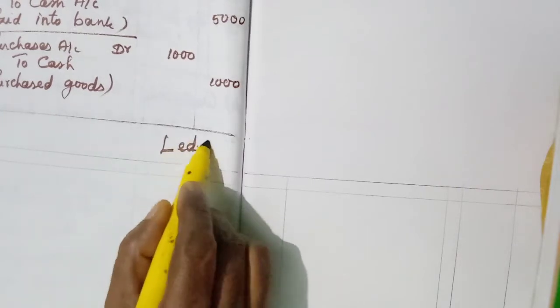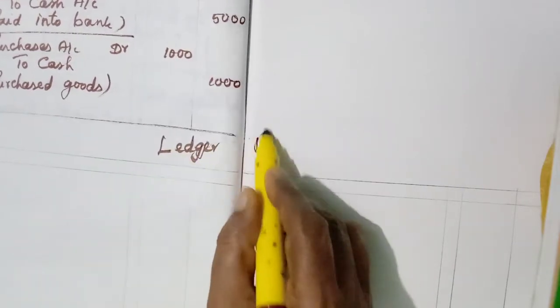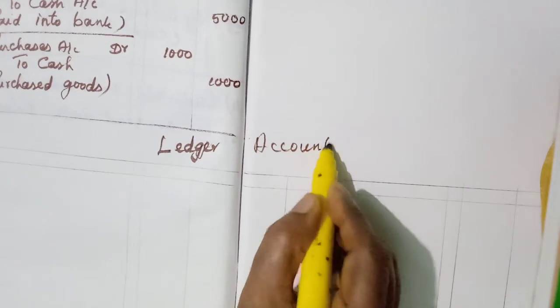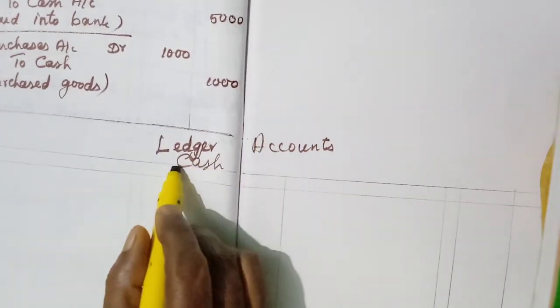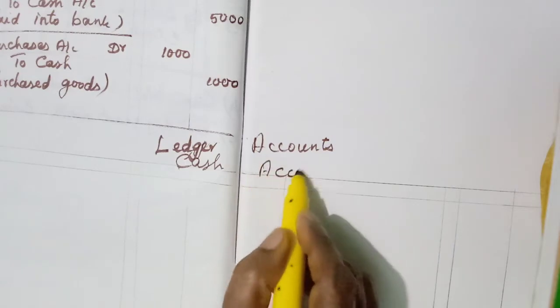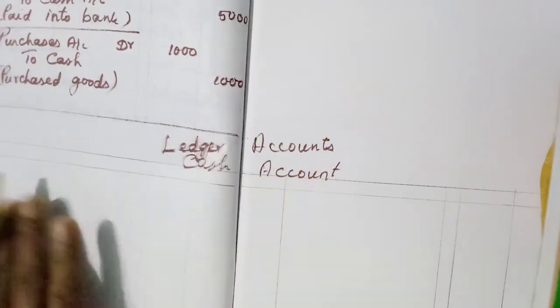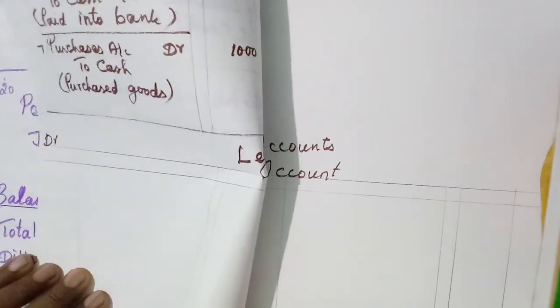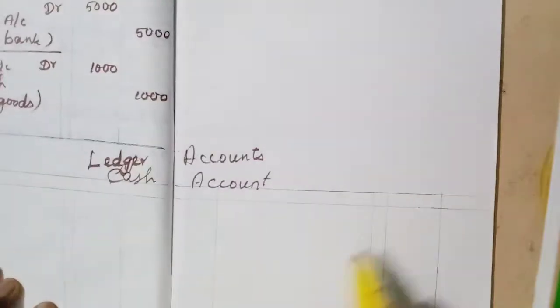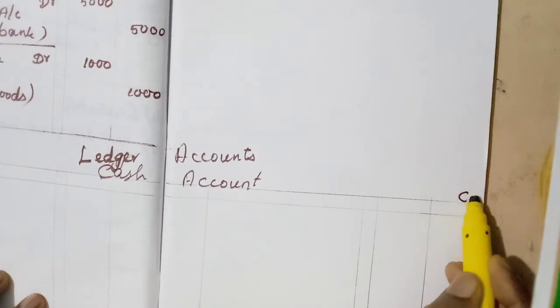Okay, first you write ledger accounts. Then first account is cash account. Cash, first letter capital letter, then A capital letter. Then on the left side you have to write debtor, DR, then here credit side CR.